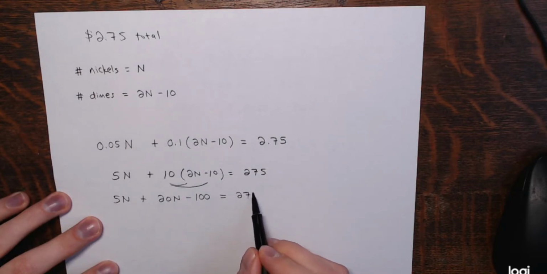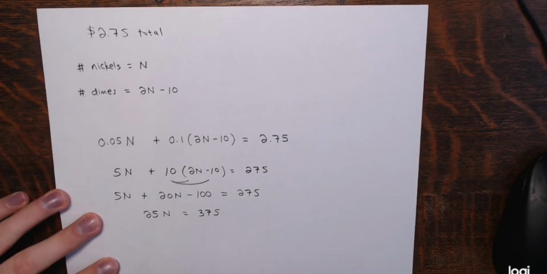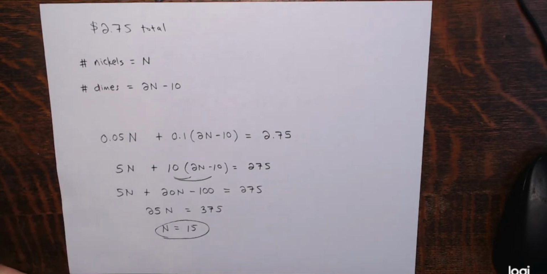And then we'd have 25n on the left, and I would add 100 to give me 375 on the right, and then divide both sides by 25, n equals 15. Yeah, because 12 times 25 would be 300, and then you have 3 more, right? 15.